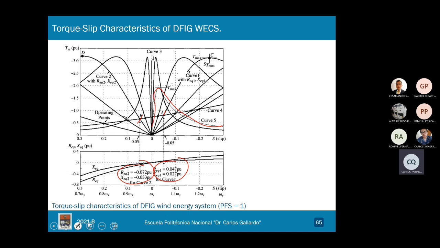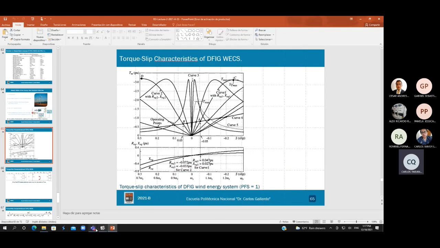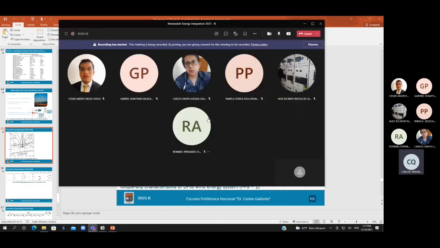I need to compute the maximum torque. So do you remember from the calculus course, in order to find a maximum and minimum value, what shall I do? Okay, so Mr. Salazar, my objective is to compute either the maximum or the minimum value.